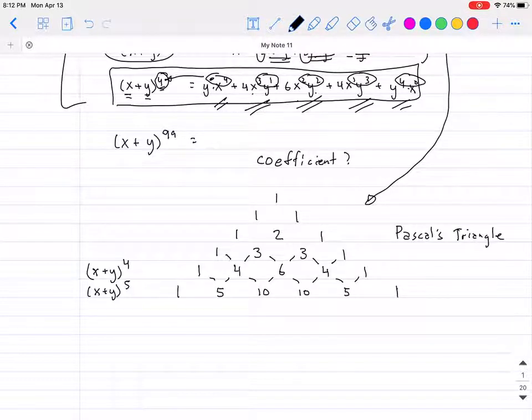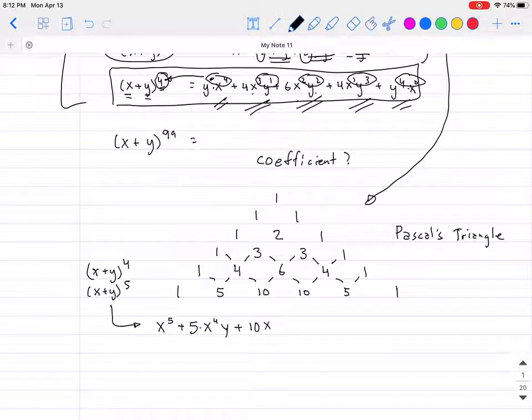So if I put it all together, then (x + y) raised to the 5th, the expansion, is going to be the following. X to the 5th plus 5 multiplied by x to the 4th times y, because from x to the 4th, we go down by 1 degree for x and go up by 1 degree for y.